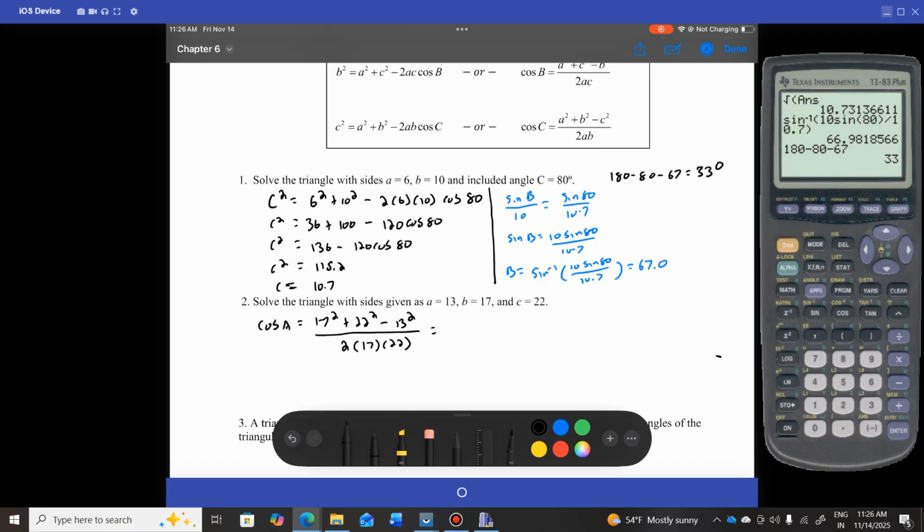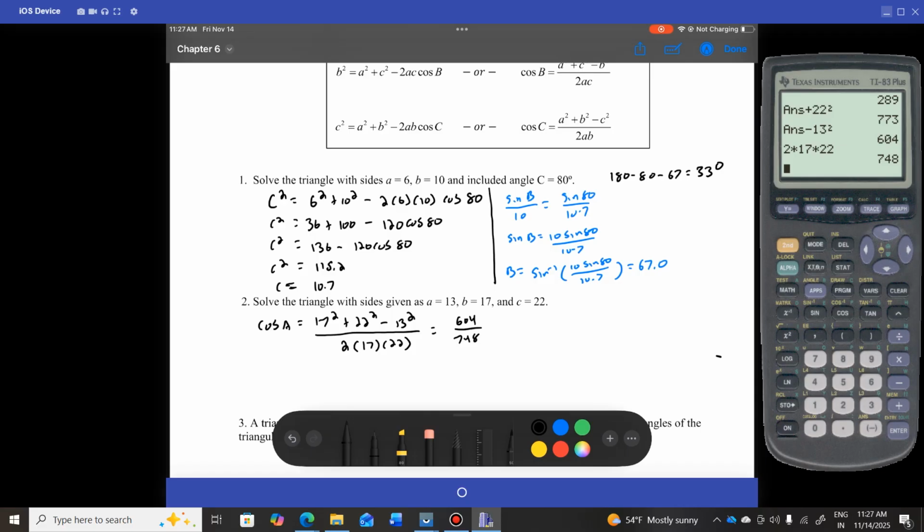All right, so let's do some of these squares. 17 squared is 289 plus 22 squared is 773 minus 13 squared, which is 604, and then 2 times 17 times 22 is 748.